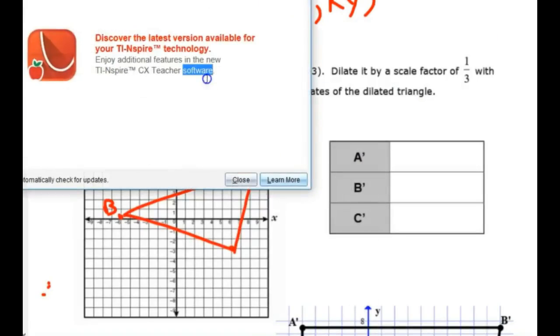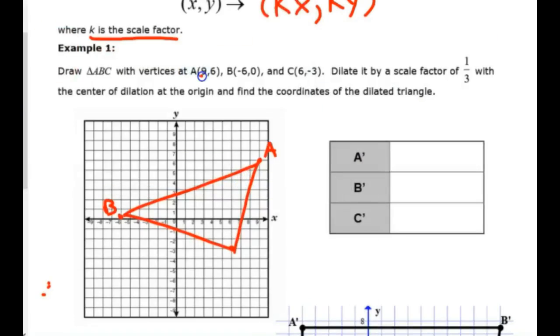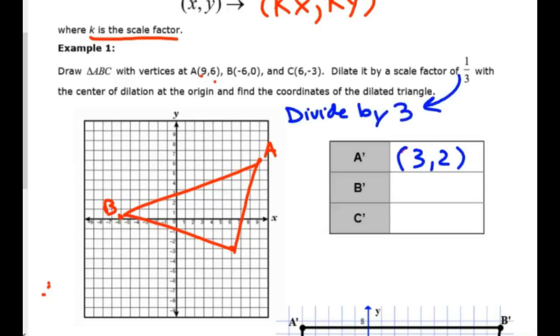If I divide 9 by 3, and if I divide 6 by 3, what am I going to get? 3, 2. Okay? So again, all I'm doing is I divide by 3. So let's do the same thing with B. So negative 6, 0. Negative 6 divided by 3 is negative 2. And then 0 divided by 3 is still 0.